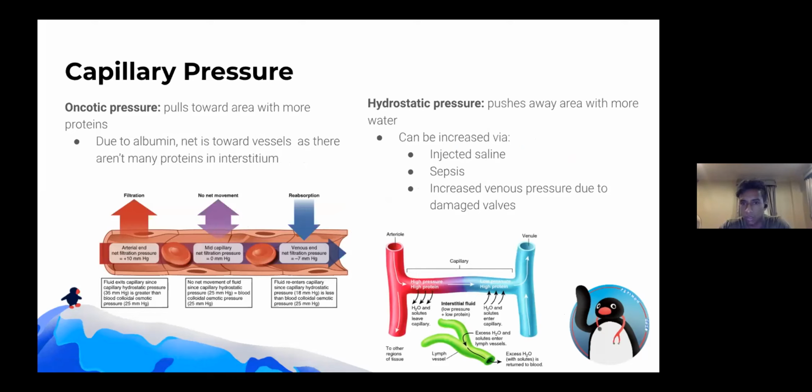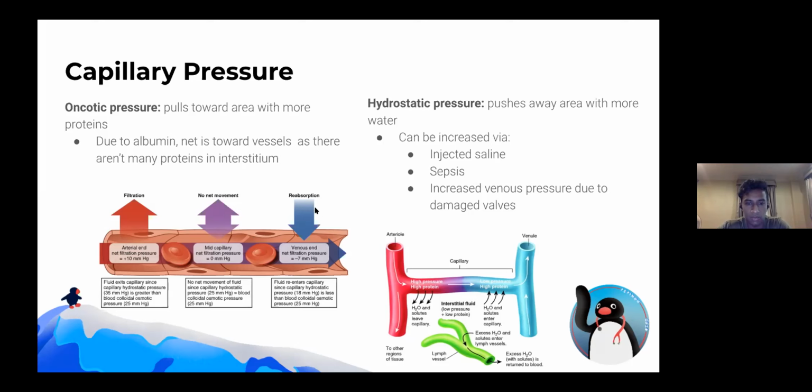So what's happening is that as blood passes through your capillary, there's filtration. Your fluid exits the capillary and goes into your tissues because there's higher hydrostatic pressure in your capillary compared to your tissues. After a point, the hydrostatic is equal to the blood, so there's no net movement.